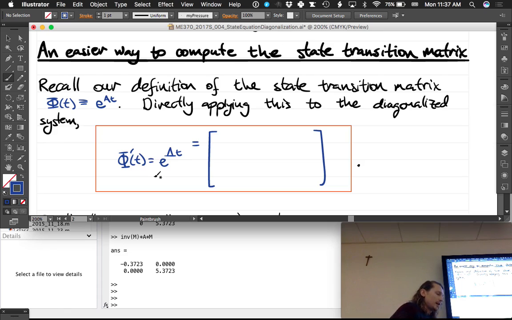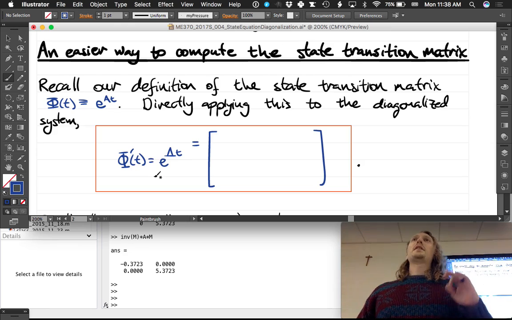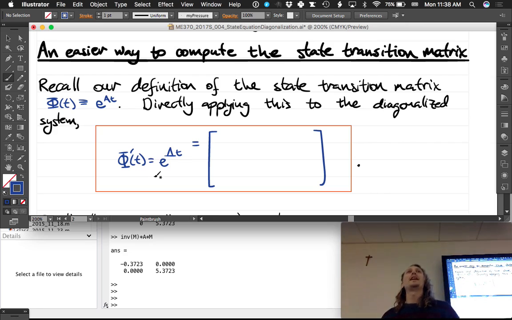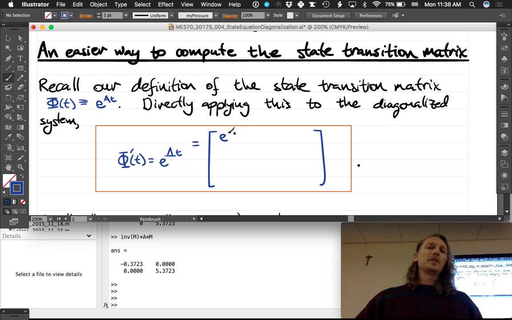Now, here is a property of matrix exponentials that you may not know. If you take the matrix exponential of a diagonal matrix, it's really easy to compute. All you have to do is plug a regular old exponential into each of the diagonal terms.